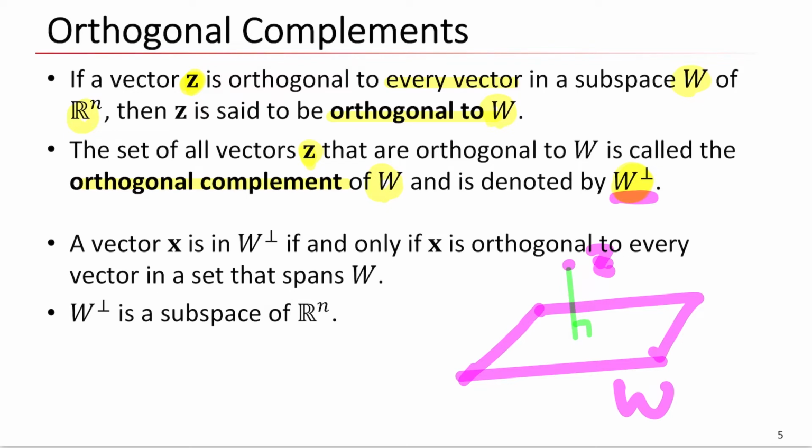A vector x is in W perpendicular if and only if x is orthogonal to every vector in the set that spans W, and W perpendicular is a subspace of R^n. To prove this, we need some kind of technique, but today we will not discuss it.